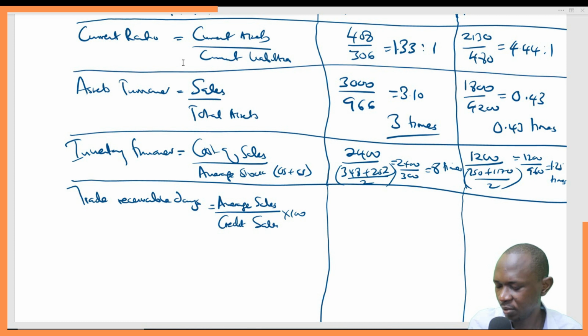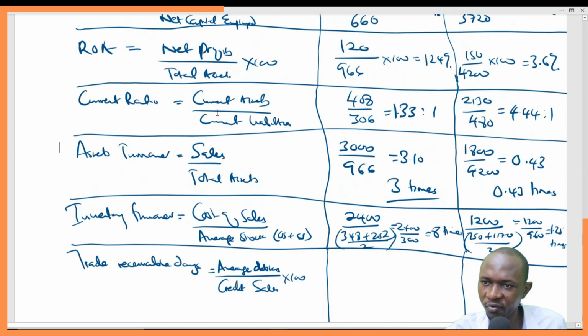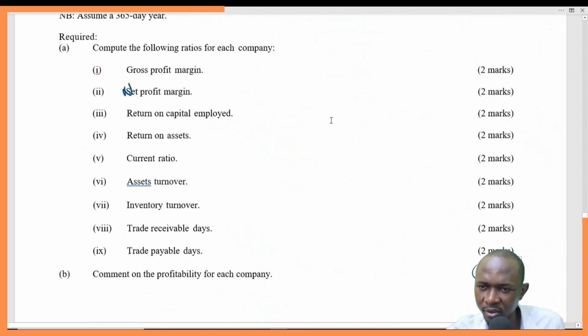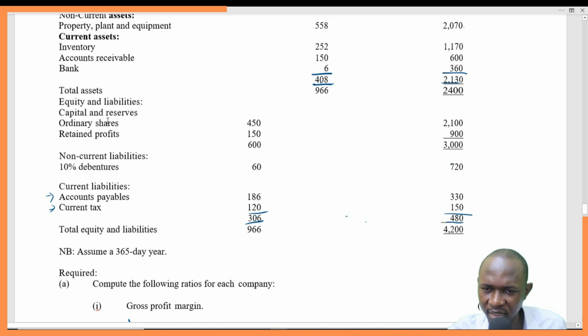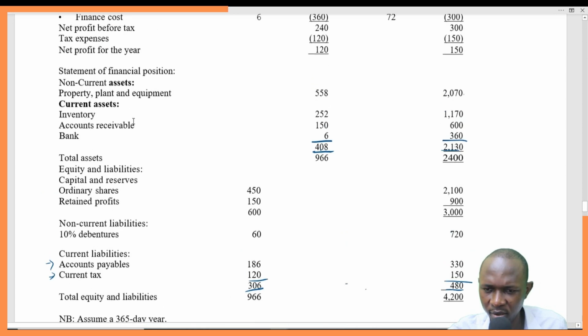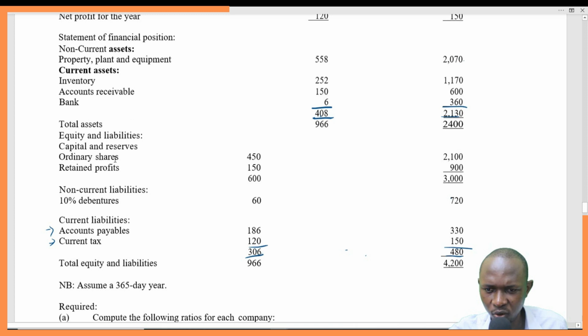So trade receivable days: average debtors over credit sales. Average debtors is found in the statement of financial position.